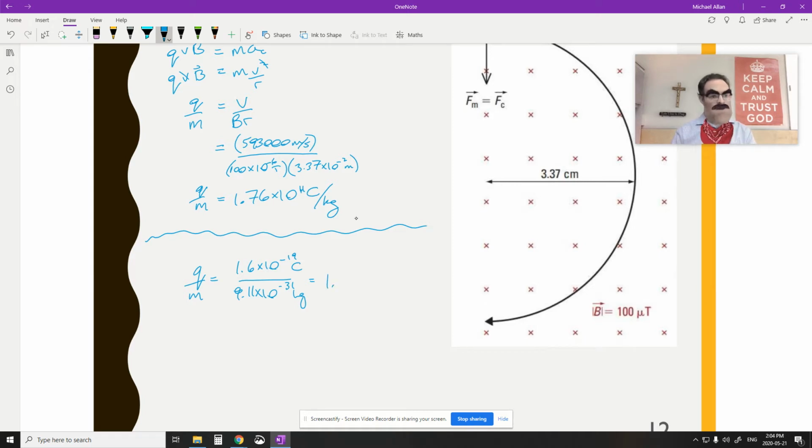Well, look at that. You get 1.76 as well. It's just slightly off by the thousandth decimal place. If you added more sig digs it wouldn't be quite the same, but they're close.